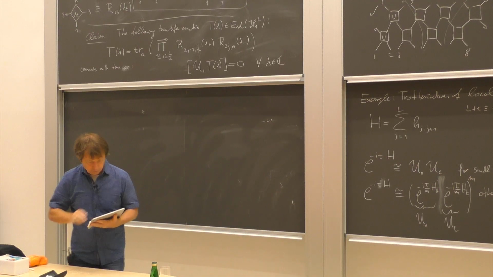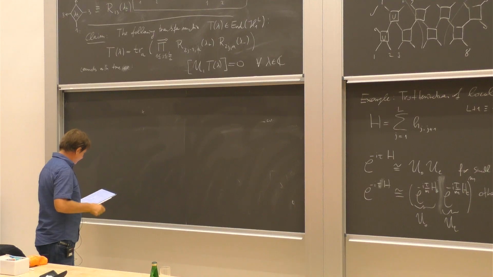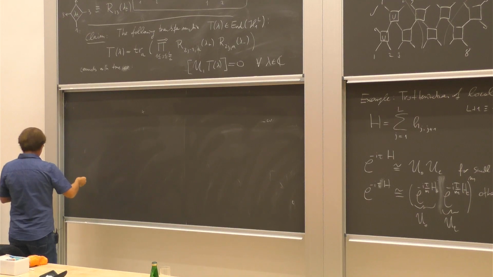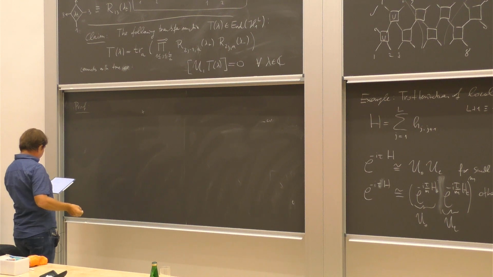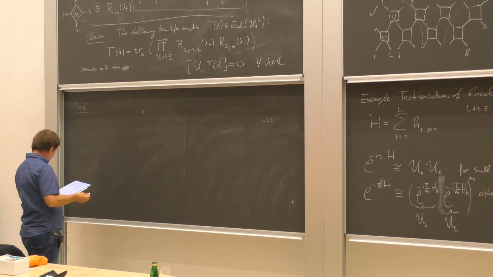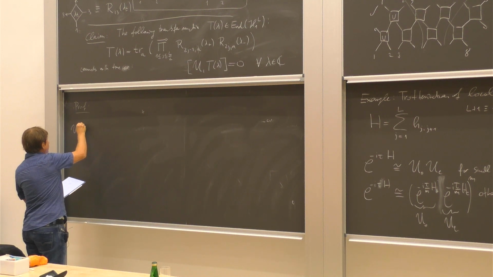So what is the proof? The proof of this is just writing pictures, but I will assume now that L is equal to 8 for concreteness. So let me write U of tau times T of lambda.